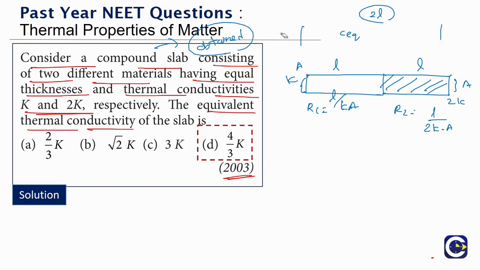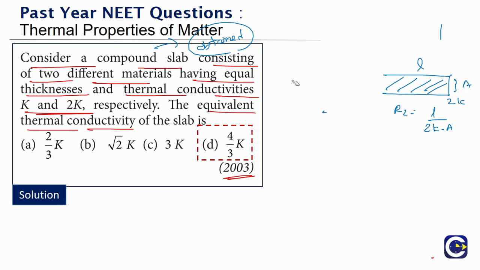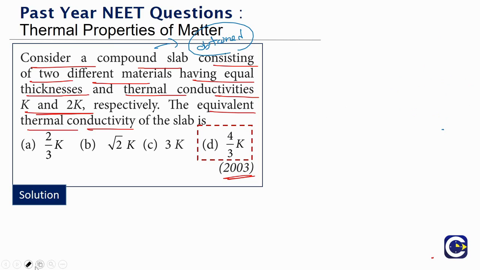But if you were to do this problem using parallel combinations, we'll have a doubt. If somebody takes the parallel combination, since they have not clearly mentioned what is going to happen. So look at it. If instead of taking a series, we take it like a parallel, imagine. This is slab 1, conductivity K, area of cross section A, length L. Second slab, this is the parallel arrangement.